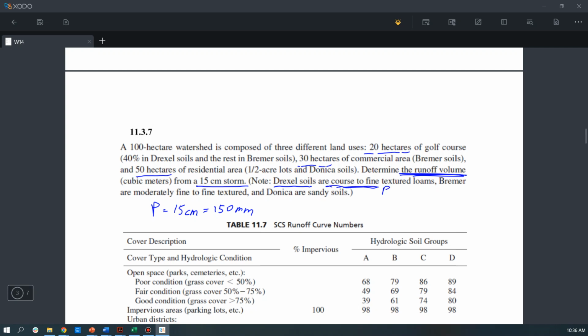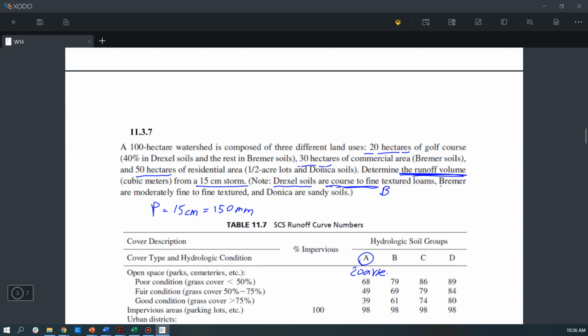So this is B soil, because it's coarse to fine, is not coarse, but it's in the next level. So A will be the coarse. Okay, and B is coarse to fine, and C is finer soil, and the D is the most finest soil.